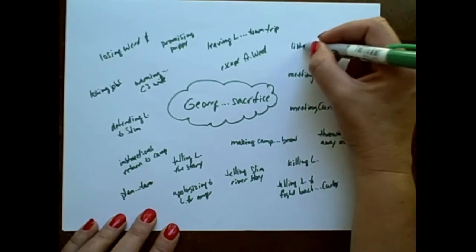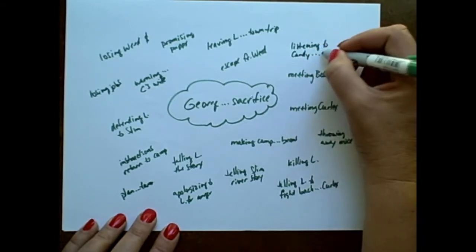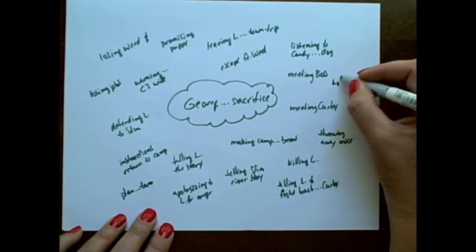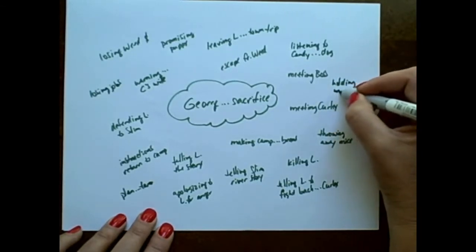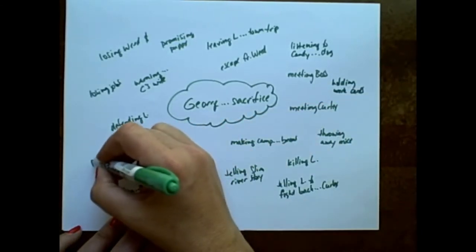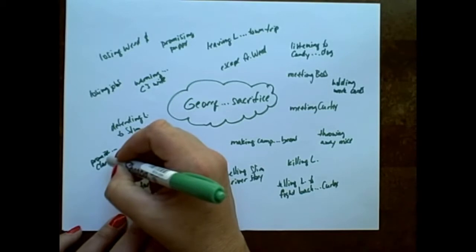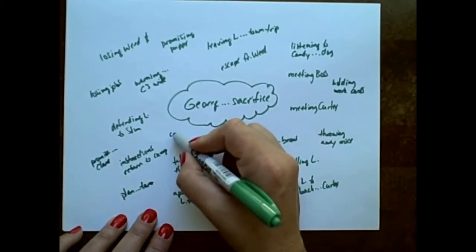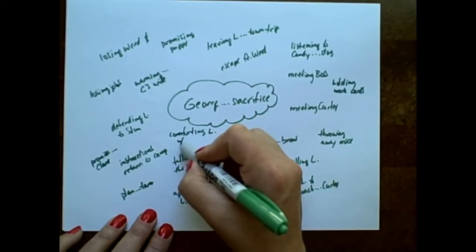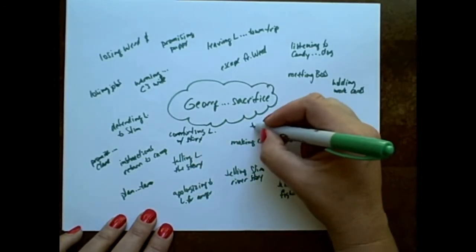Listening to Candy about his dog. How about holding the work cards? Promise to Aunt Clara. How about comforting Lenny with the story at the end of the novel? About tricking the ranch hands.